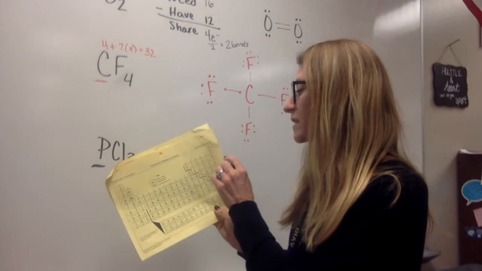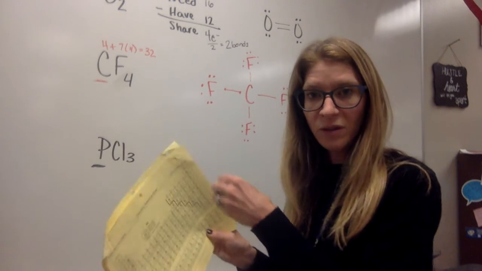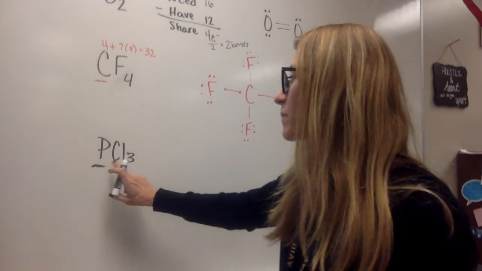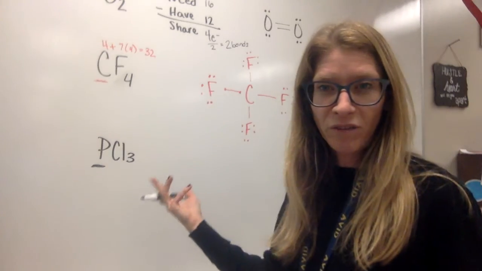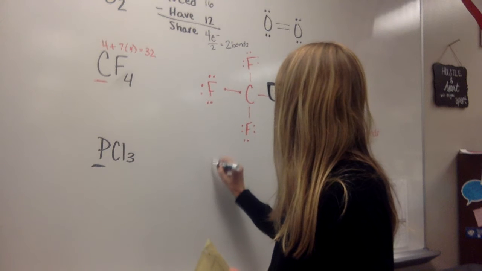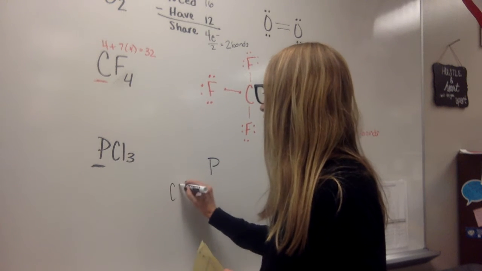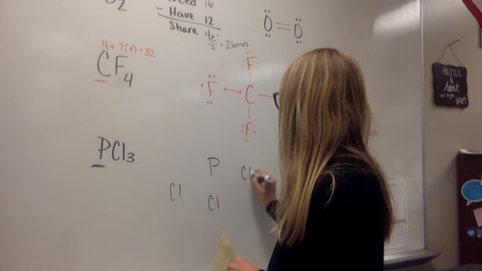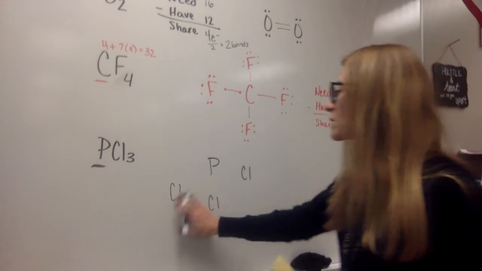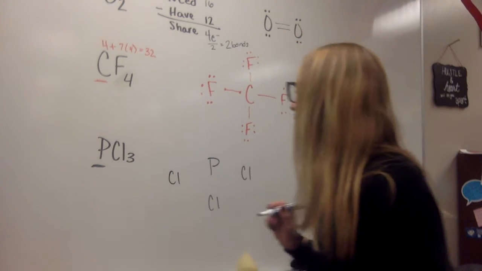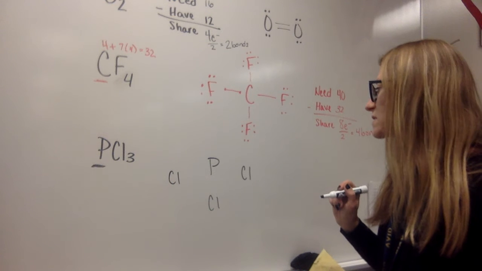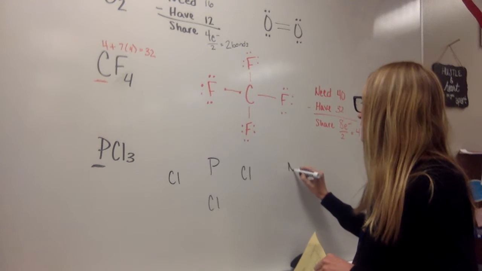Groups 4, 5, and 6 are generally your central atom, but also we have 3 chlorine atoms and only 1 phosphorus, so that's another indication. So we have 1 phosphorus and 3 chlorides, so we'll put those chlorides around the phosphorus central atom. And then we'll do our calculation.